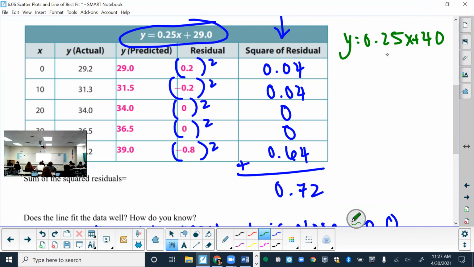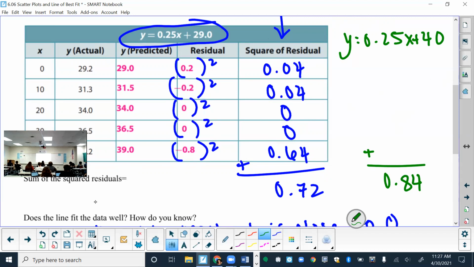Well, I would just square these residuals, and I don't know what it is, I'm just making it up. But let's say I square those residuals and my residual value is 0.84. Well, which one is closer to zero? The original one, right? The 0.72. So this one is still the best line of fit.